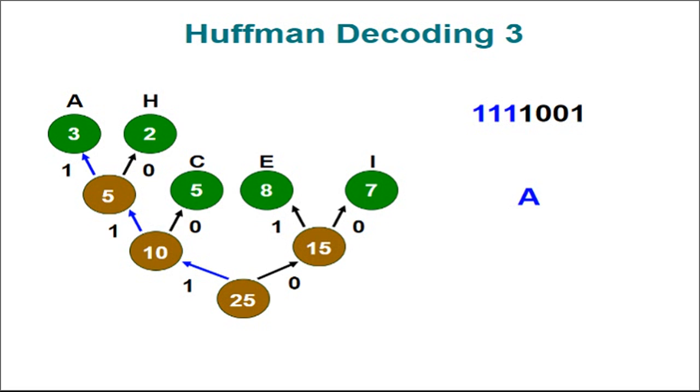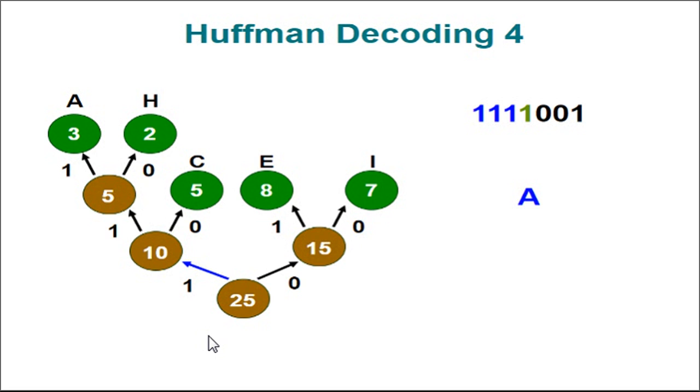The next bit is again 1. So we reach the symbol A. So we can immediately decode this group of bits 111 as symbol A. Then next is 1. So again we have to go to the root and follow the new path. A new symbol is to be retrieved.